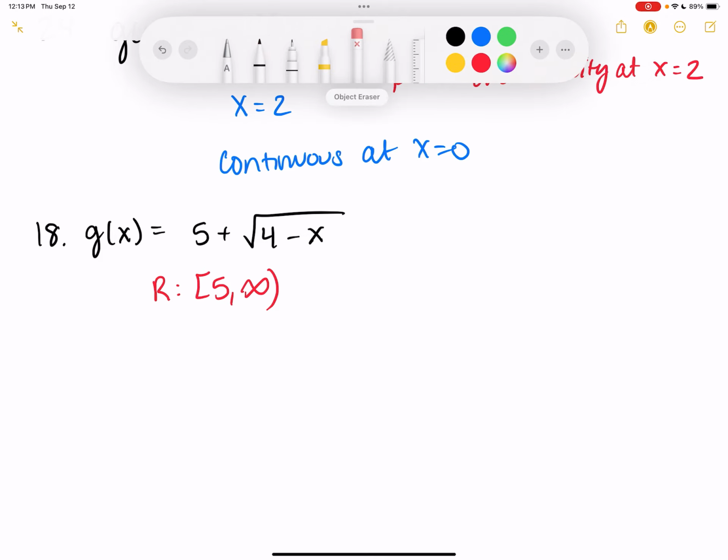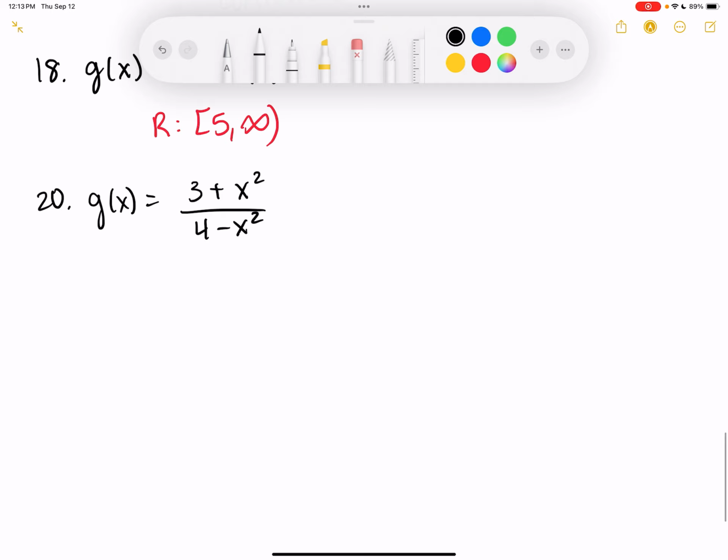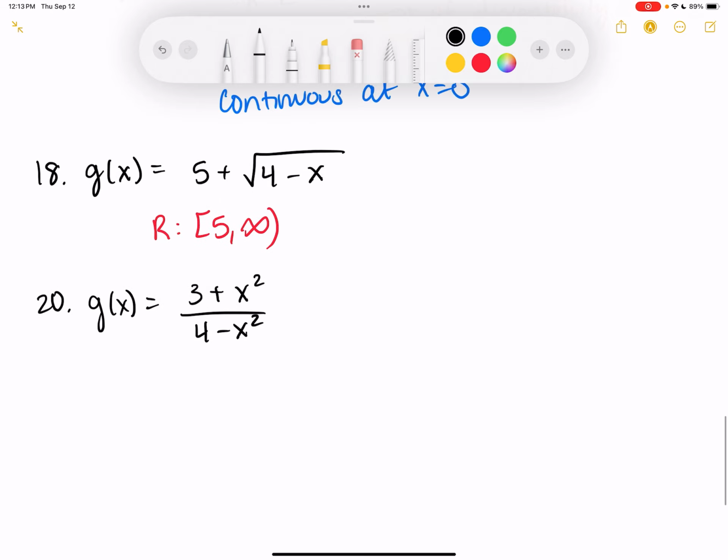Number 20, g of x equals 3 plus x squared over 4 minus x squared. Leave it down here so we can read it. Now, when you go back to y equals, I'm going to clear what was there. To type in a fraction, obviously you can put things in parentheses and do the little divided sign, but if you want to have it actually in as a fraction, hit the alpha button.